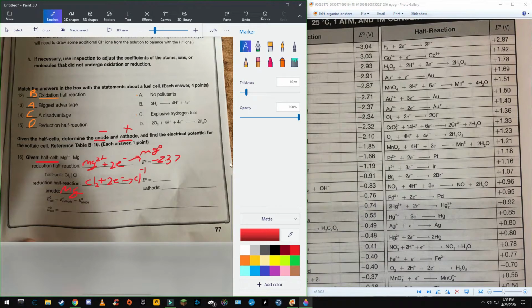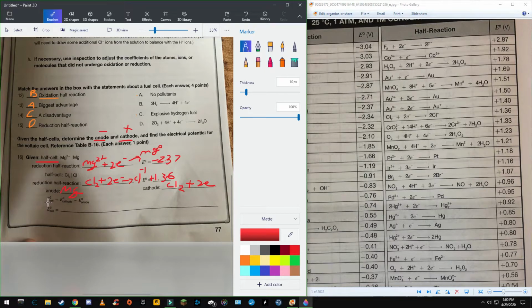And the charge on that is 1.36 positive, right? I'll just annotate that, just to be sure. And so we know our cathode is Cl2. Sorry, plus 2 electrons.